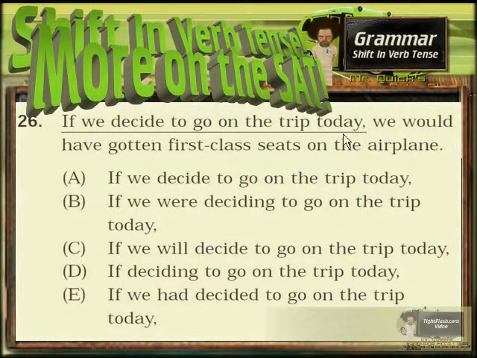We get rid of A. If we were deciding to go on a trip today, it's still as if they are on the plane, and maybe they didn't like the seats they had on the plane. If we will decide to go on a trip today. No. If deciding to go on the trip today, no. If we had decided to go on the trip today, we would have gotten.